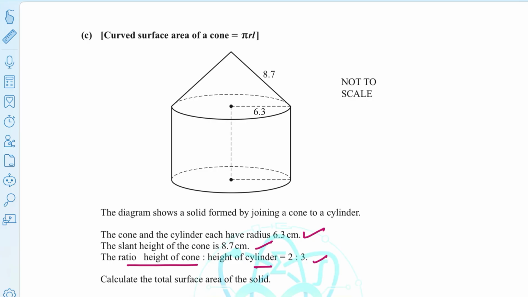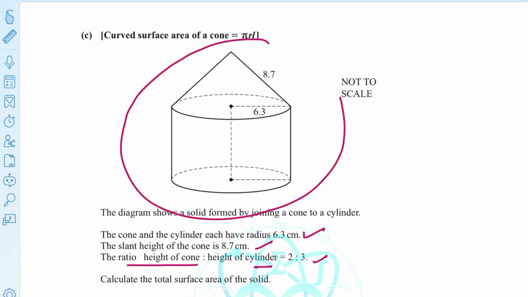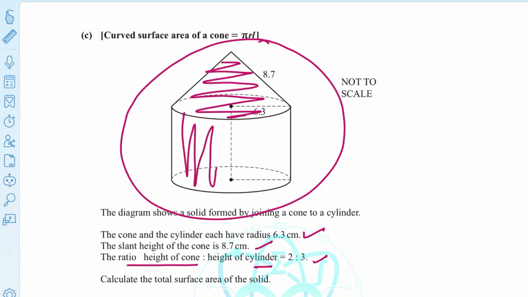Now, solid means this total is a solid, right? We're talking about this full solid. How to find the total surface area of a solid? First, understand that part. We have to find out the curved surface area of a cone, correct? We have to find out the curved surface area of what? Cylinder, yes.